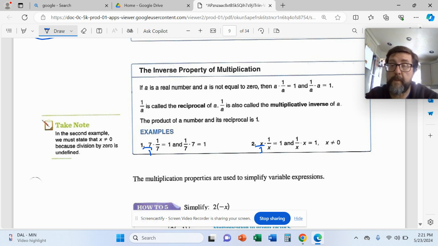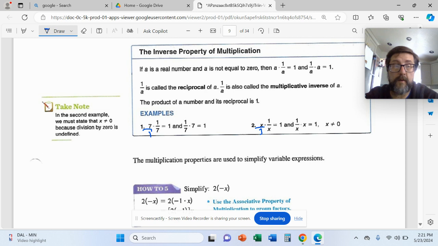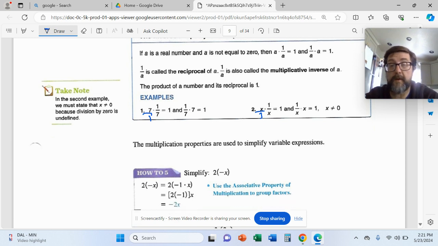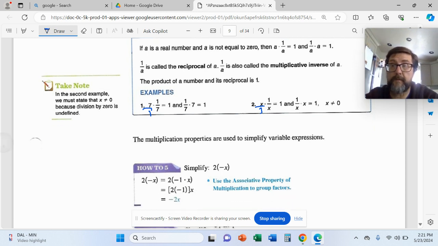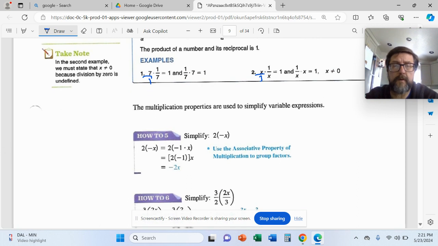Now it does show you on this one, it says x cannot equal 0 though, because you can't divide any number up into 0 groups. Hope that makes sense.